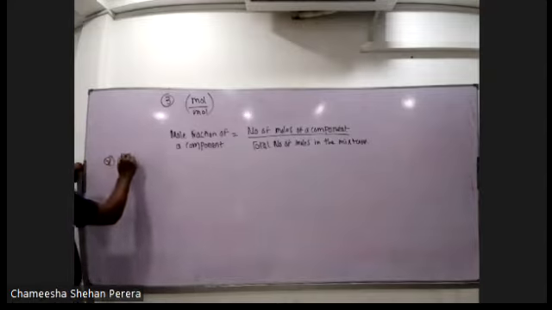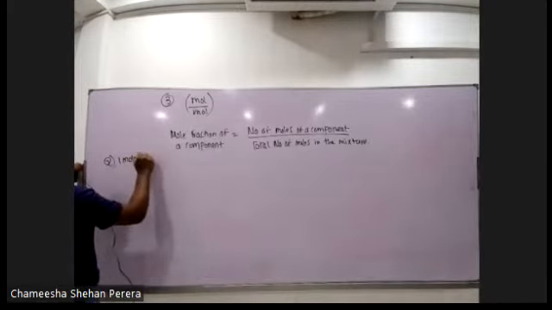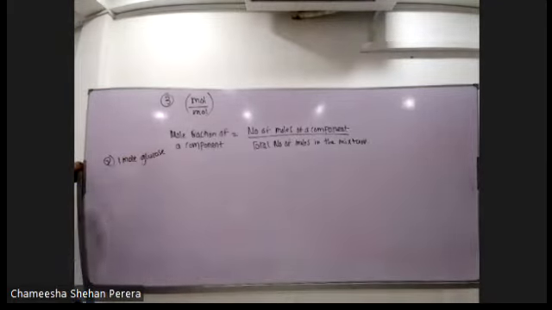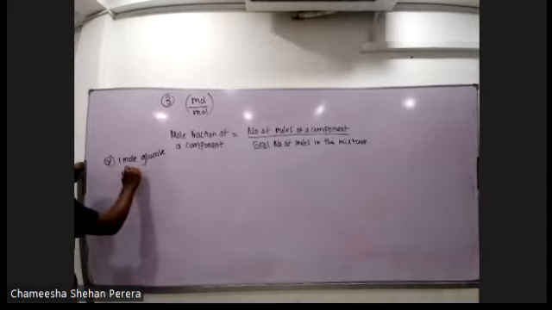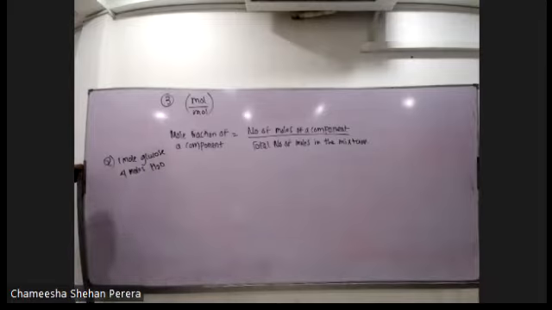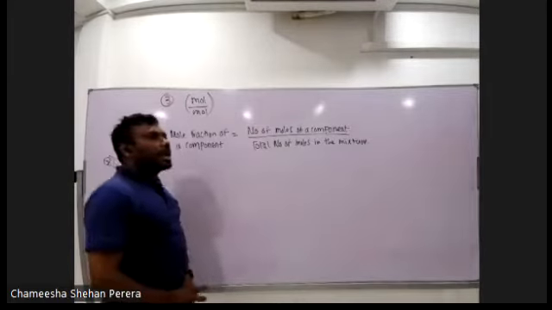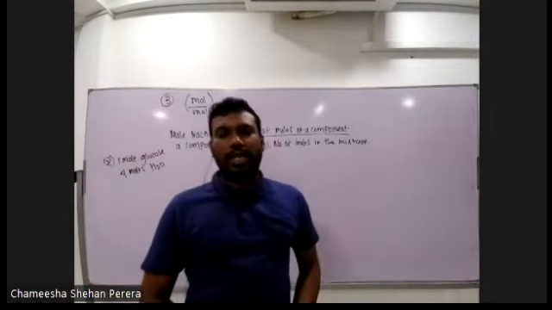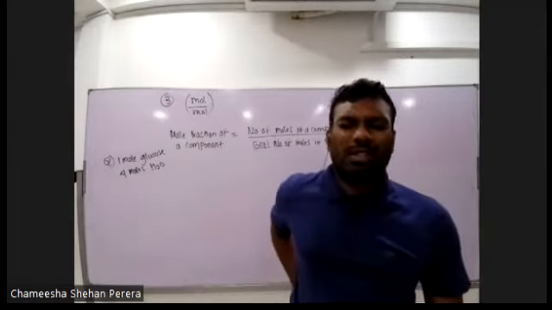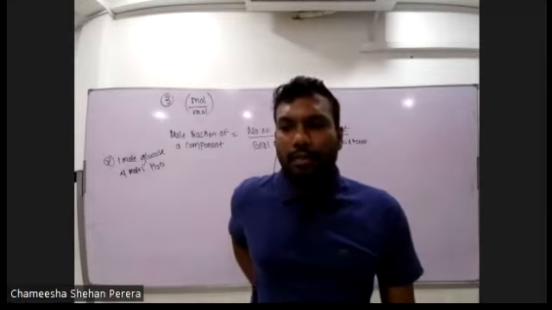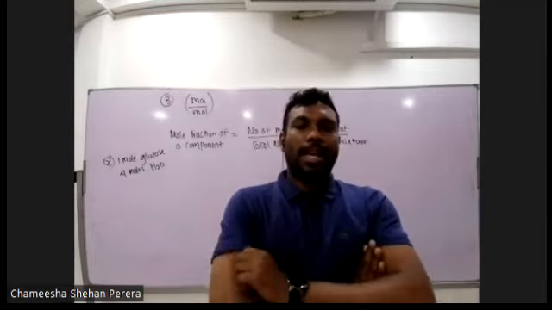Question: 1 mole of glucose is dissolved in 4 moles of water to make a glucose solution.